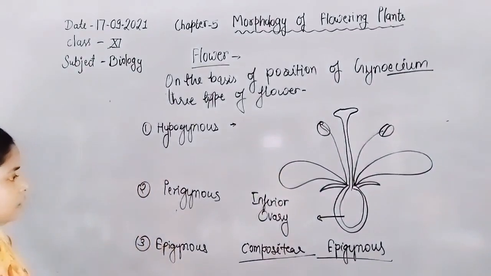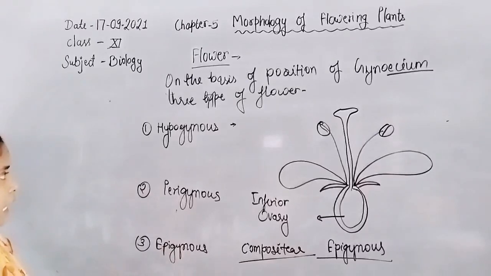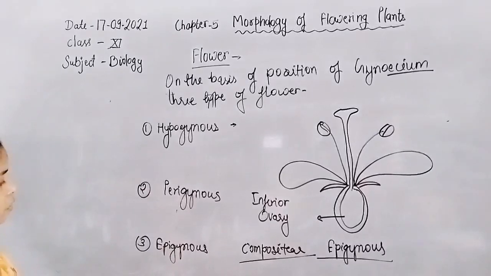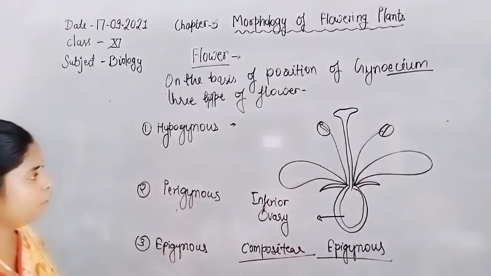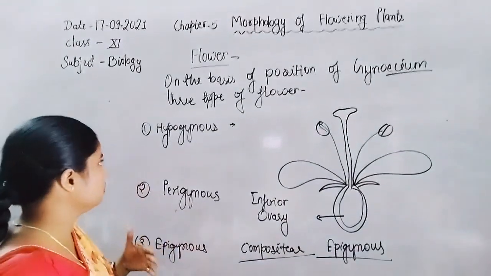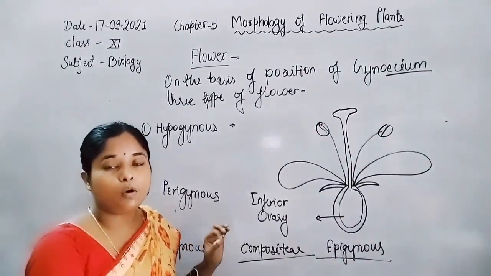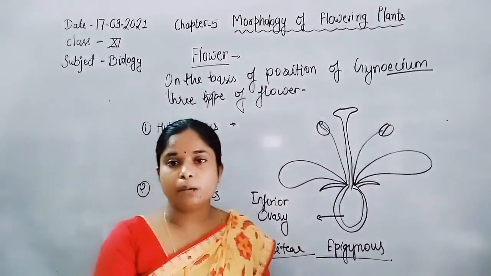Now another point with respect to hypogynous, perigynous or epigynous type of flower. The origination or appearance of such a type of flower depends on the habitat or the type of plant.